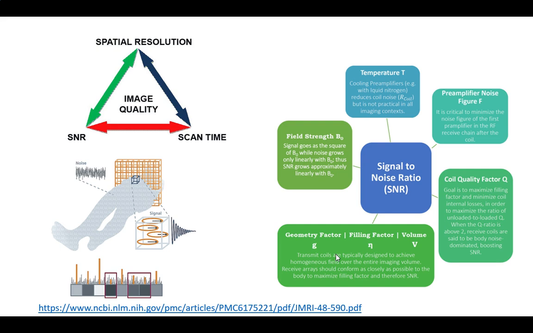Obviously if you gave me fancier, better coils, I can do a better job with it. More expense though, all kinds of other problems. These are just trade-offs in life. Same thing with receiver arrays. I want them packed tightly to be able to get a filling factor better, because the tighter they are, the closer I'm getting my peak resonance readouts, giving better resolution.